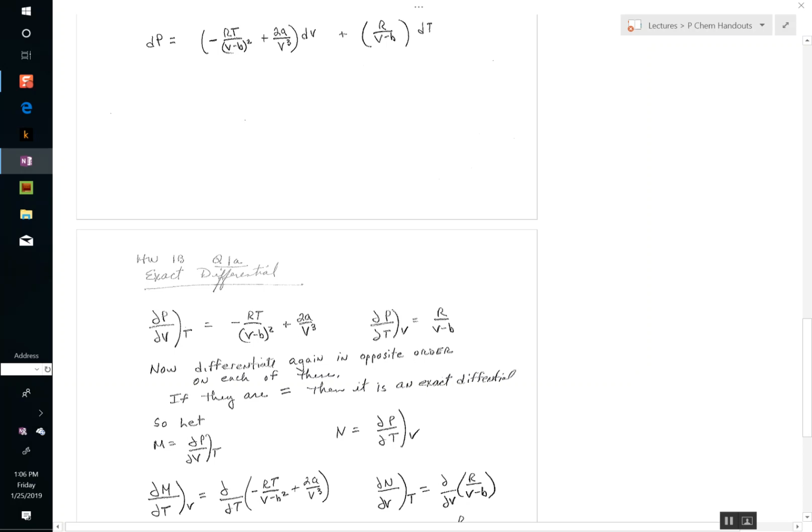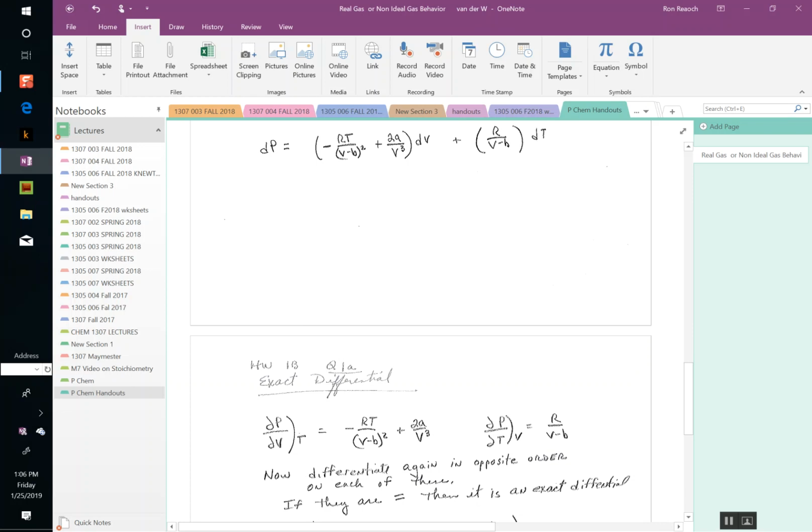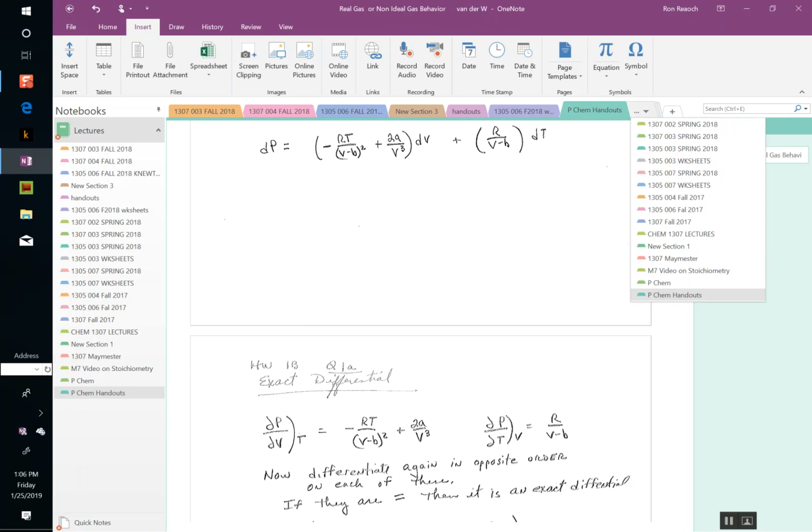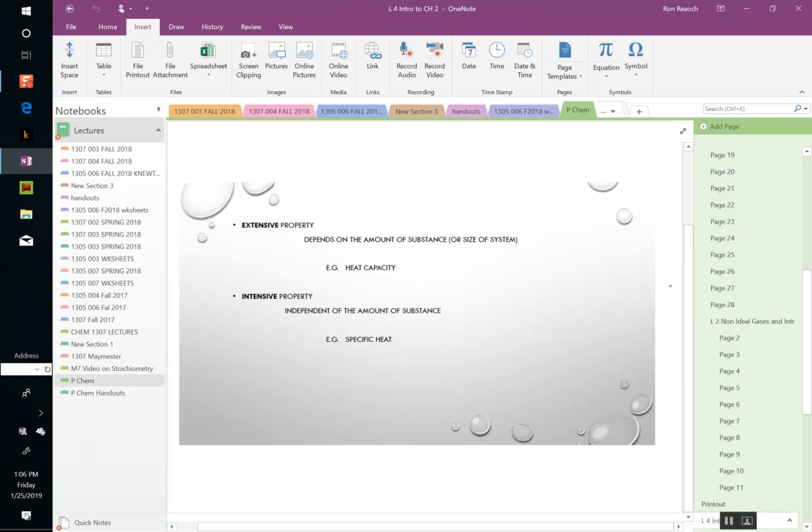So bam, it broke. Now I'll try to think about how to relate that to PChem, but I can't right now. But we are talking about materials, and PChem relates to everything.